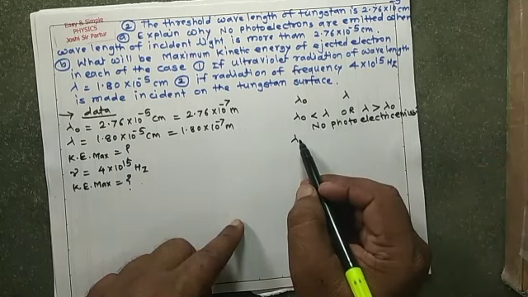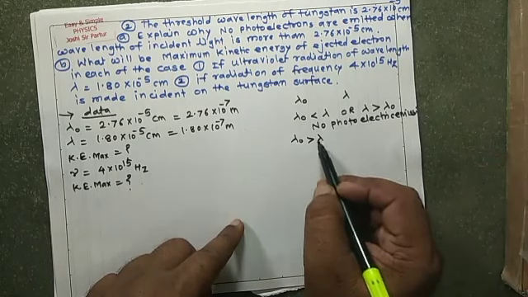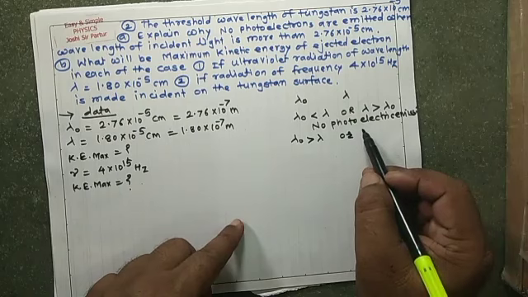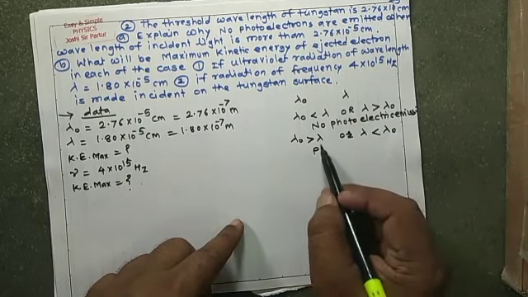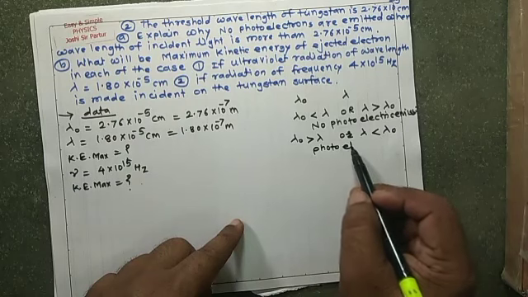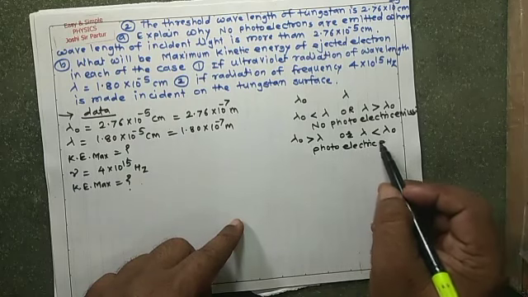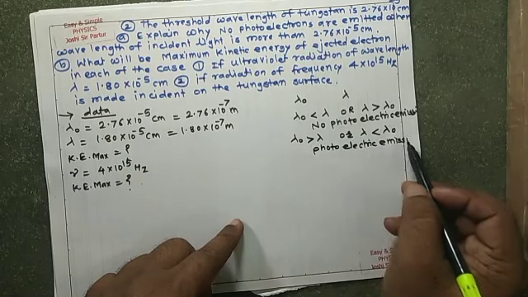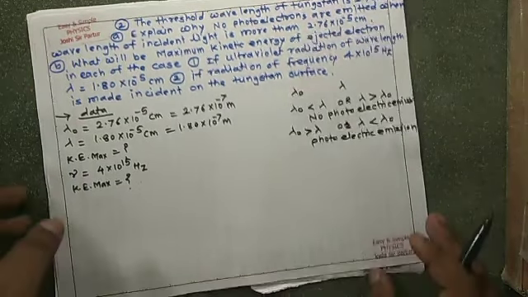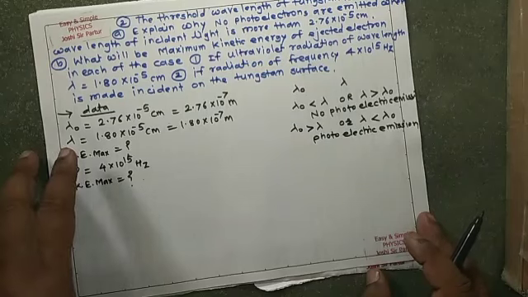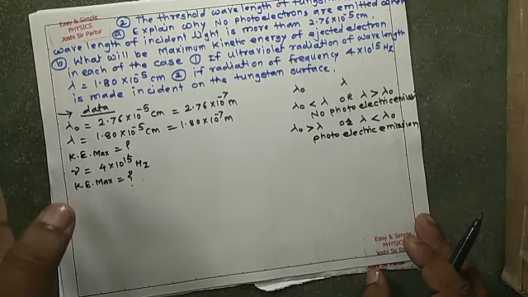But when lambda is less than lambda 0, then there is photoelectric emission. Threshold wavelength is defined as the maximum wavelength such that above this wavelength no photoelectric emission is there.